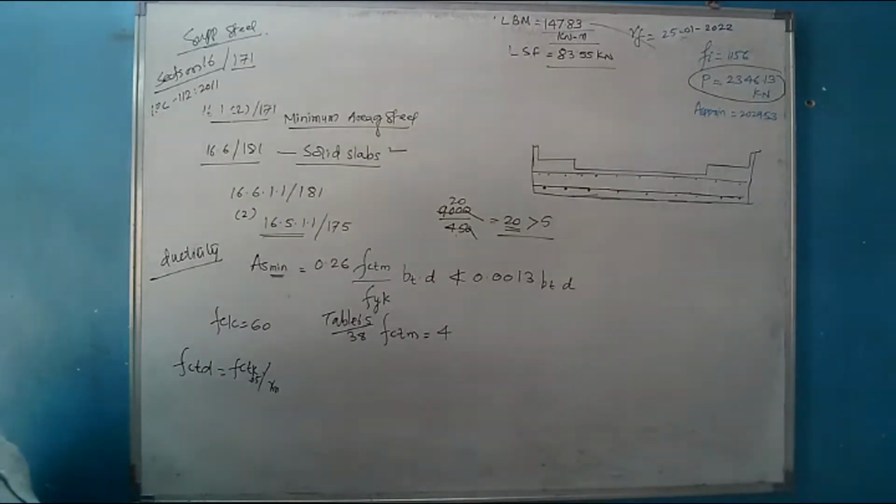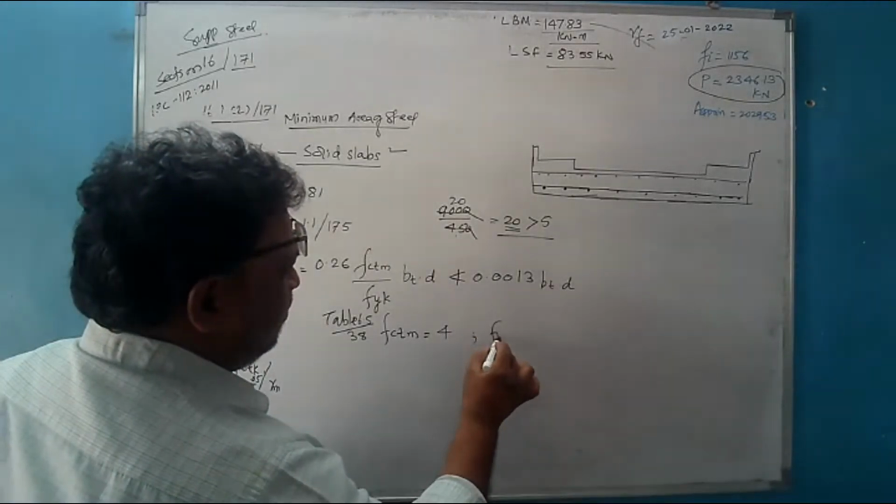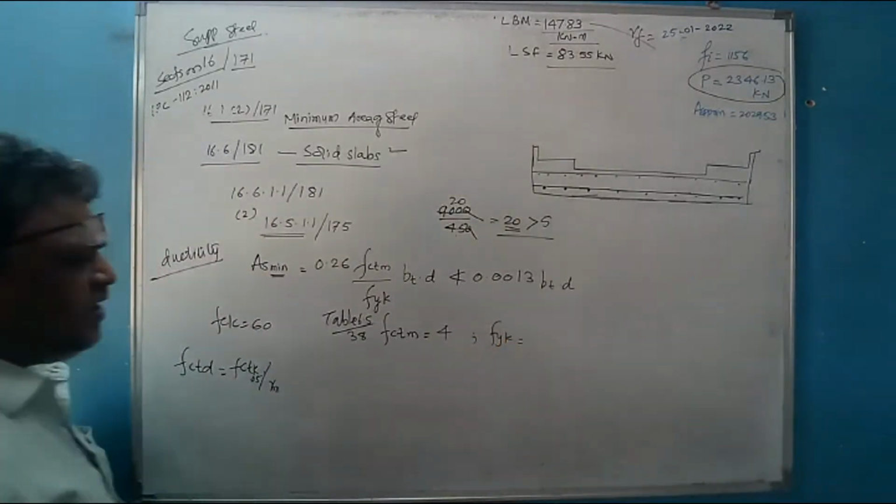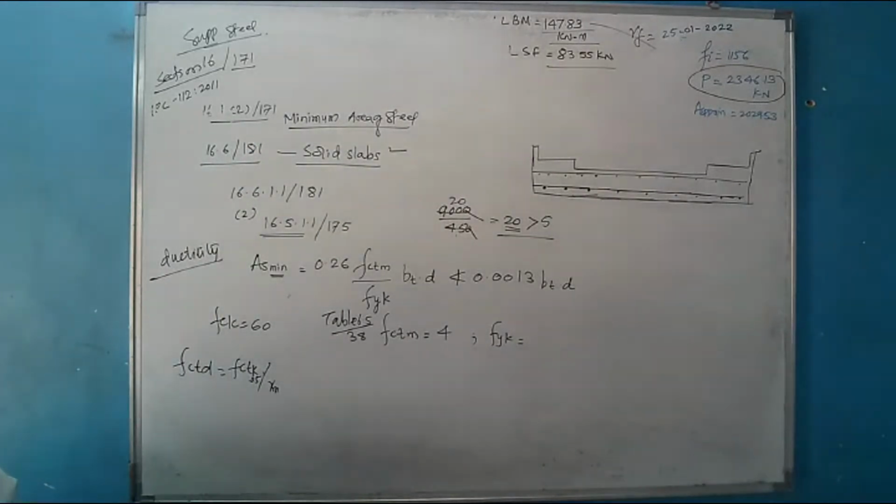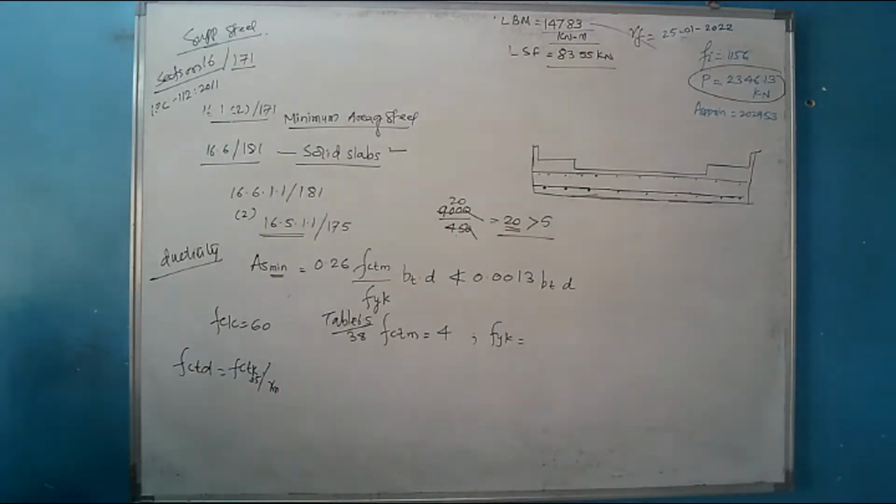Now what about this value of fyk? It is the characteristic yield strength of steel. और fyk का वैल्यू कहाँ मिलेगा? उसके लिए भी एक कर्व यहाँ पर दिया है, मुझे जरा ढूंढने दो. That curve is available. हाँ, where is that curve? मुझे थोड़ा जरा ढूंढने दो.